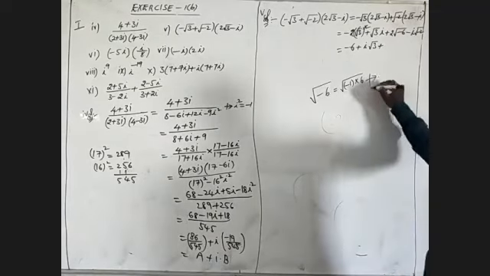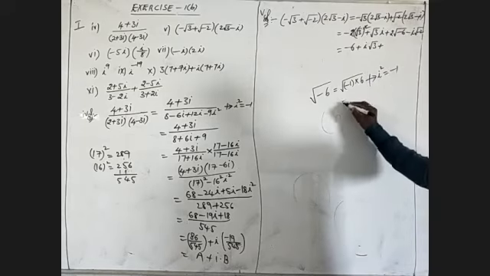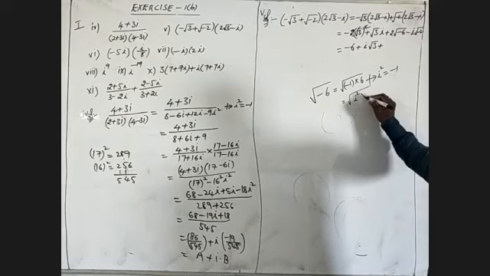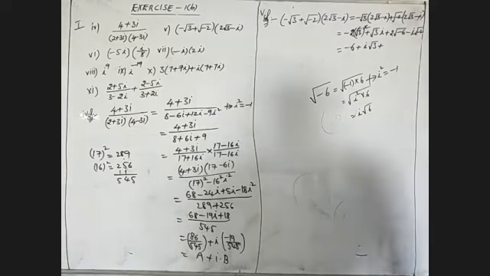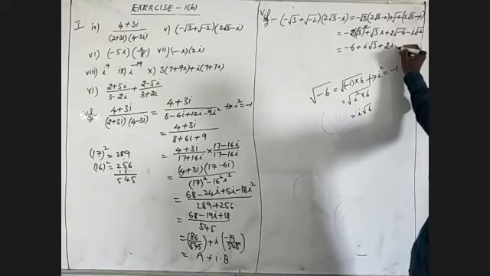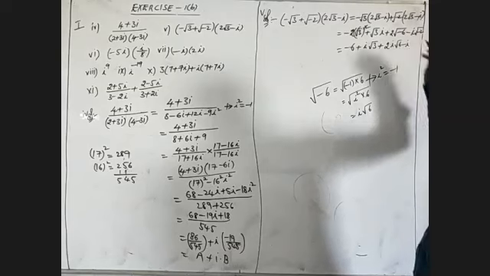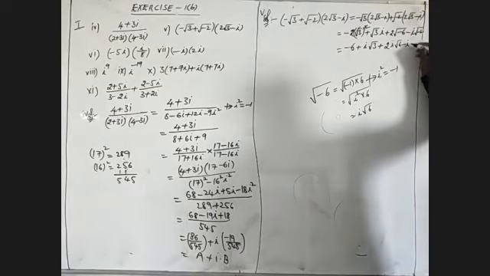Where already we know the formula i square must be equal to minus 1. That must be written as root of i square into 6, which will be written as i root 6. Remaining is 2 into i root 6 minus i into root of minus 2, which also will be written as i root 2.